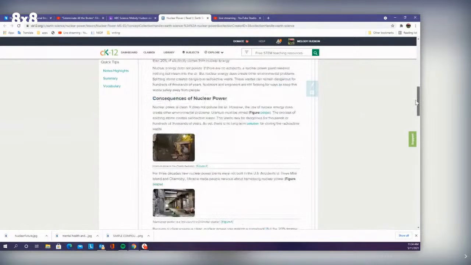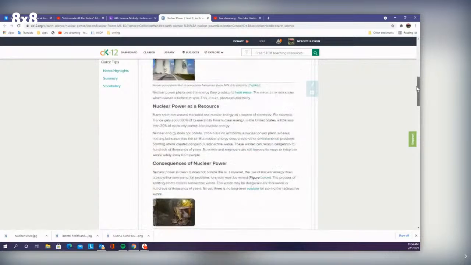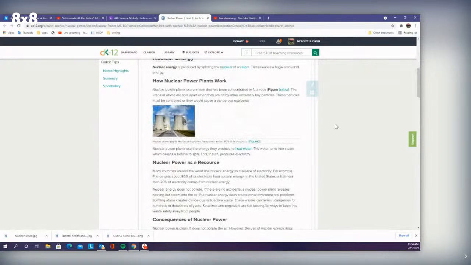Here, these are the rods. This is where they store it. The uranium atoms are split apart when they're hit by other extremely tiny particles, and those particles have to be controlled or it will cause a dangerous explosion.